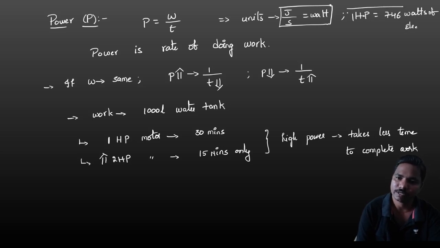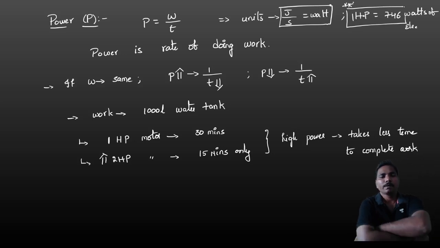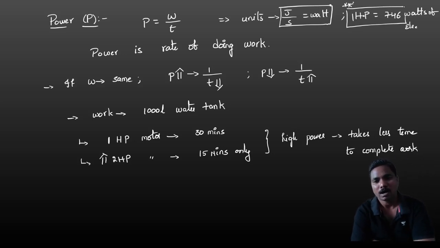This is also very repeated and very important. So mechanical power units may be horsepower, watt, or joule per second. Power is nothing but the rate of doing work, so the higher the power, the lesser the time to complete.